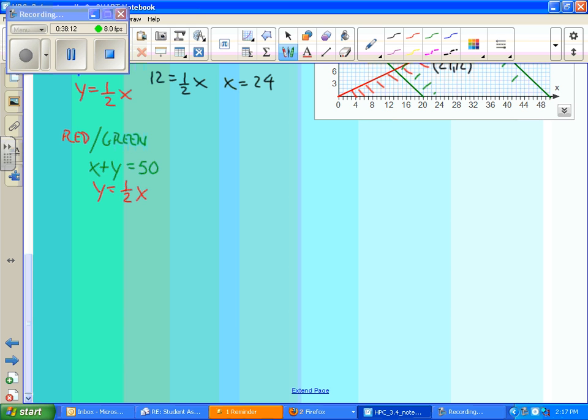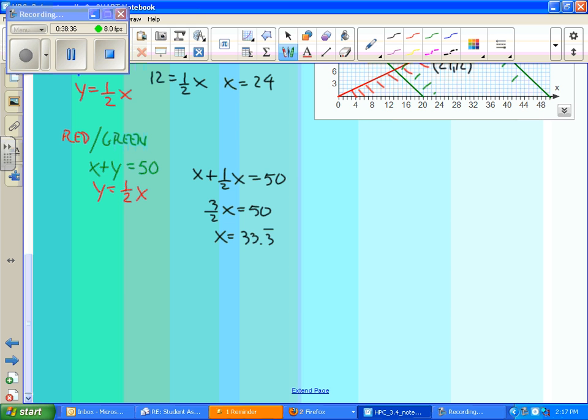We'll just substitute in. We get x plus 1/2 x equals 50. So that's 1x plus another 1/2 x, 3/2 x equals 50. Multiply by 2 and divide by 3. We get x equals 33.3.